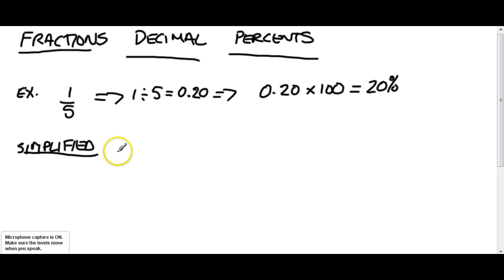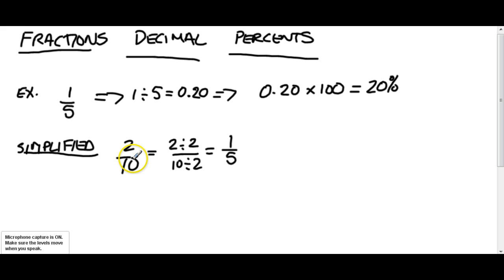So if I'm given a fraction such as 2/10, we want to reduce it to its lowest term, meaning that the number 2 divides equally into 2 and equally into 10. So if we were to take 2 divided by 2 and 10 divided by 2, we'd end up with 1/5.